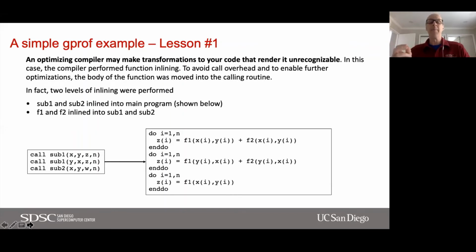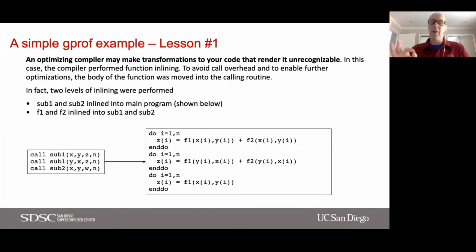In this case, the bodies of the functions F1 and F2 were actually integrated directly into subroutines sub1 and sub2. And sub1 and sub2 were also inlined into the main program. So these calls to sub1 and sub2 are actually going to be replaced with the body of those subroutines, which are these three loops.